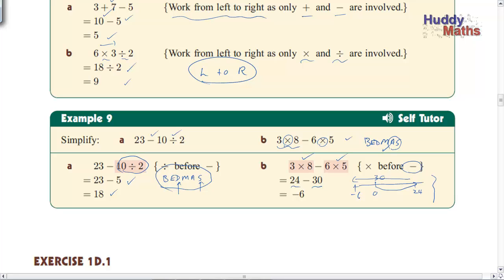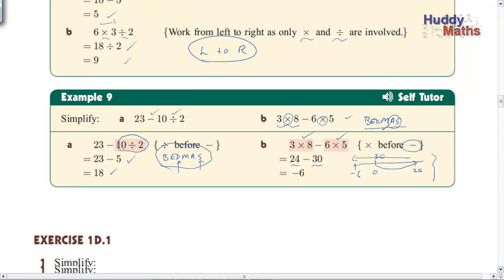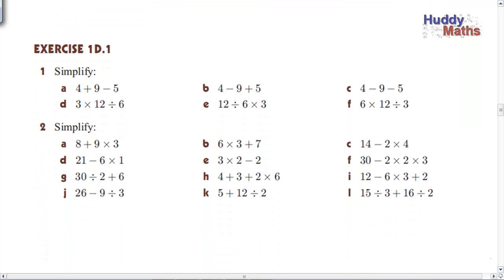Okay, are you ready? Study that. Maybe write down BEDMAS and try to remember it now, because I'm going to ask you to do some problems. Here we are, 1D1. So here I'm going to write it for you. BEDMAS. So working basically from left to right, and then you're applying this system.